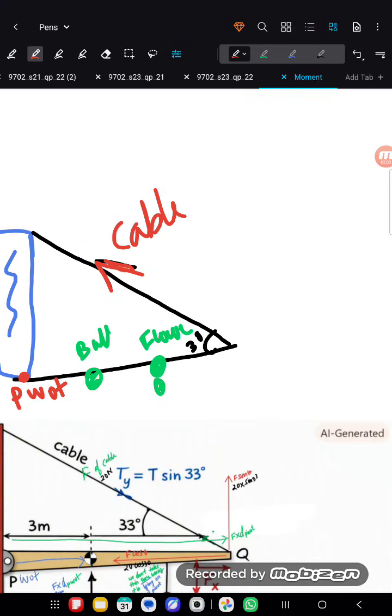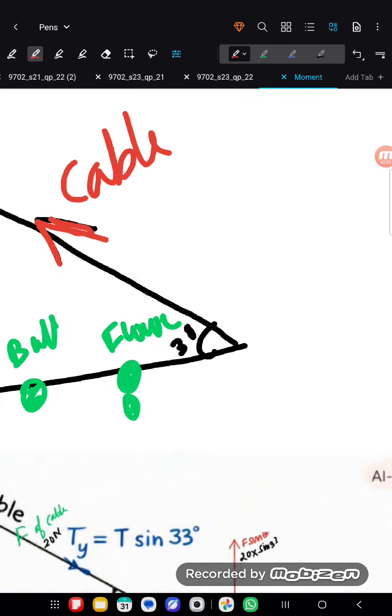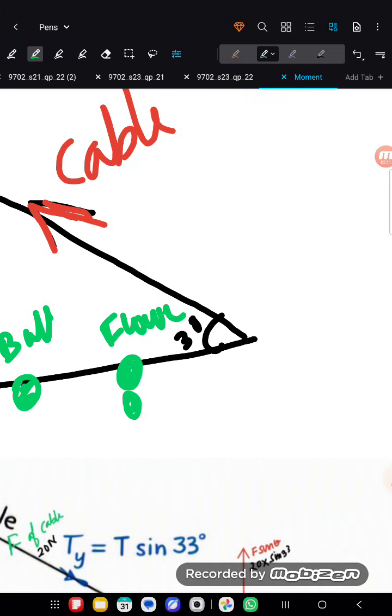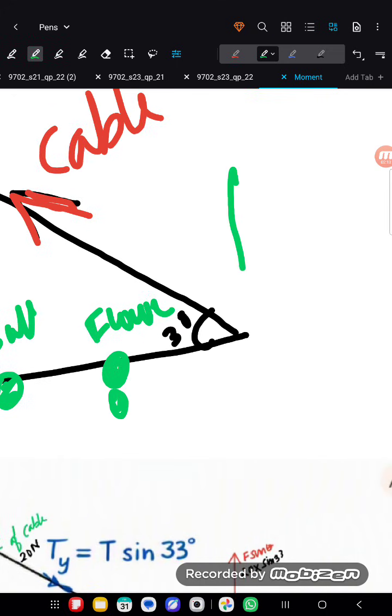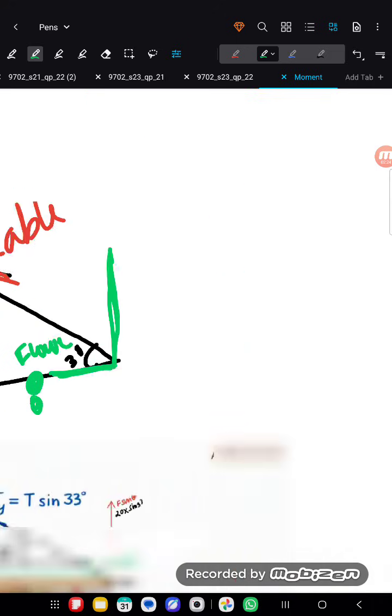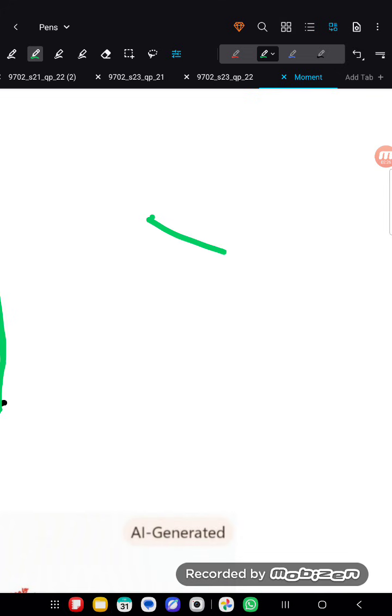So when they give you an angle, you have to split. When the force is acting like this, you have to split the forces. How do you split? Horizontal and vertical. This is horizontal and this is the vertical. You split it whenever they are giving you something like this.